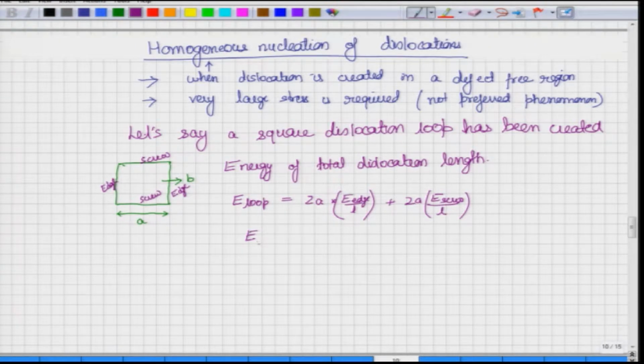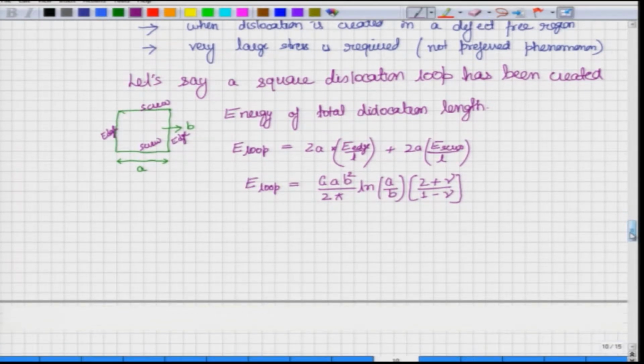Therefore, E loop can now be written as, if you put it, it is not a very complicated task, you will see that it will come out like this. So, nu is the Poisson ratio, and we could have simplified our task if we take nu equal to 0, and the overall discussion that we do can still be continued, but we will let it be here because it does not interfere with our equation derivation.